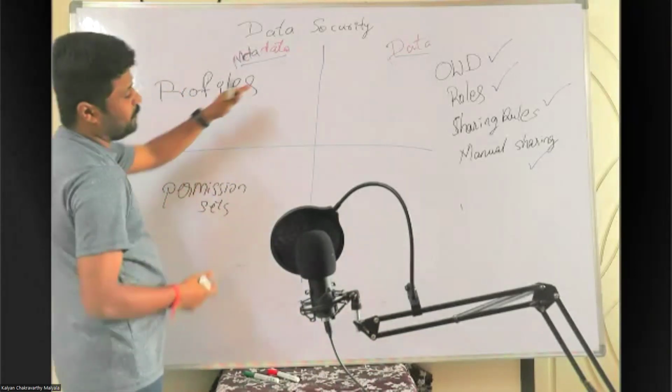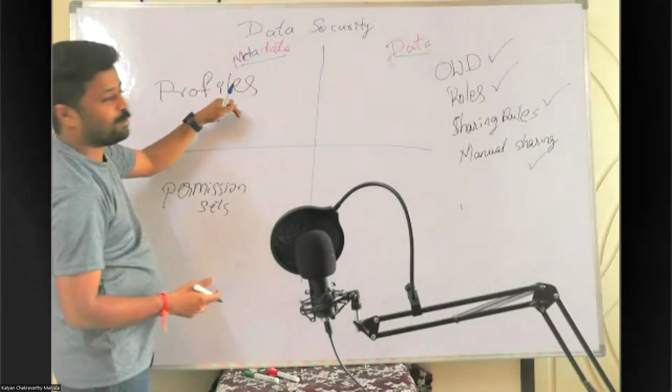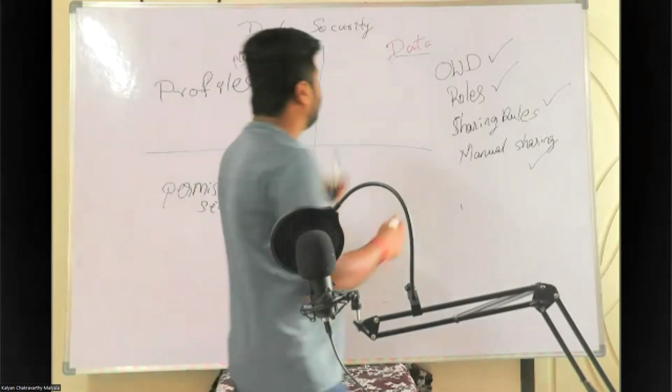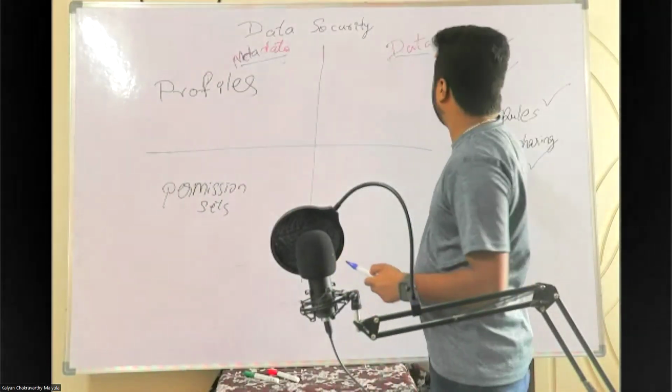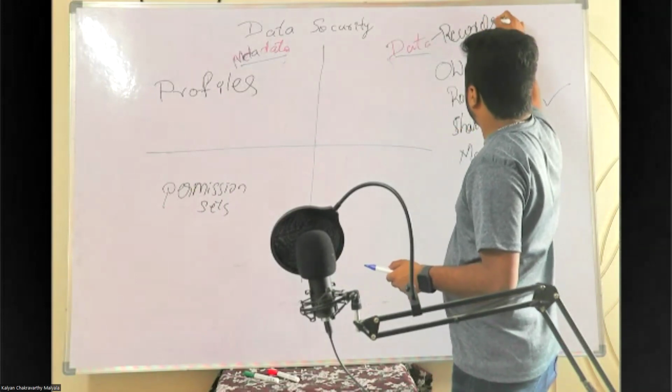We use them for metadata like objects, such kind of things. We use profiles and the permission sets. Then for the actual data, let's call it records or record level access.